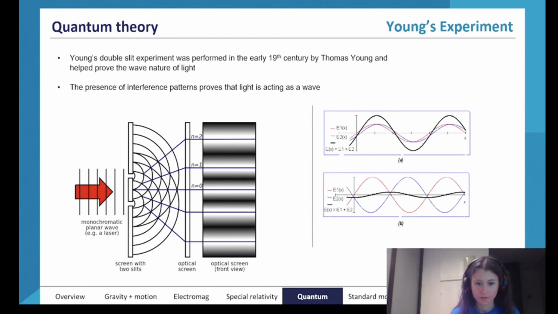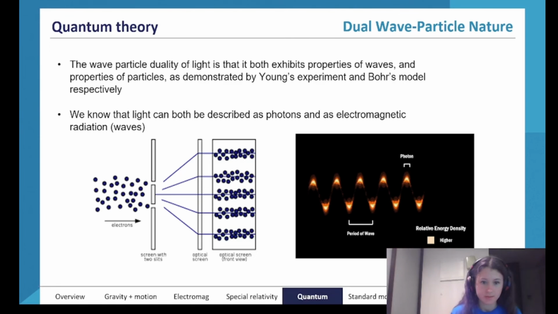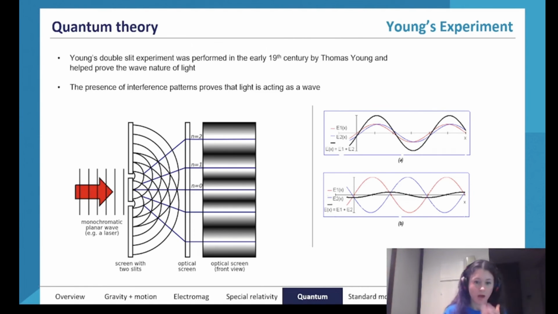I'll draw more of a diagram because it'll be more helpful to what he saw.